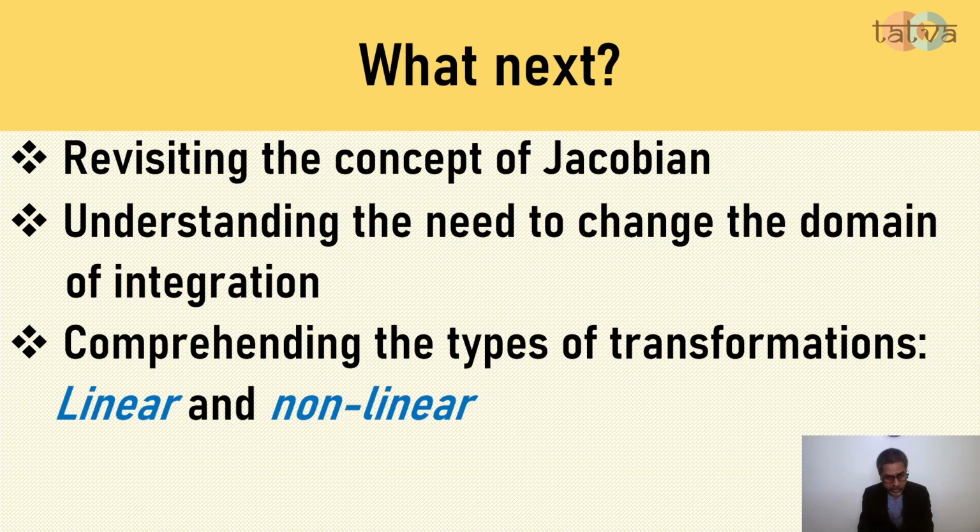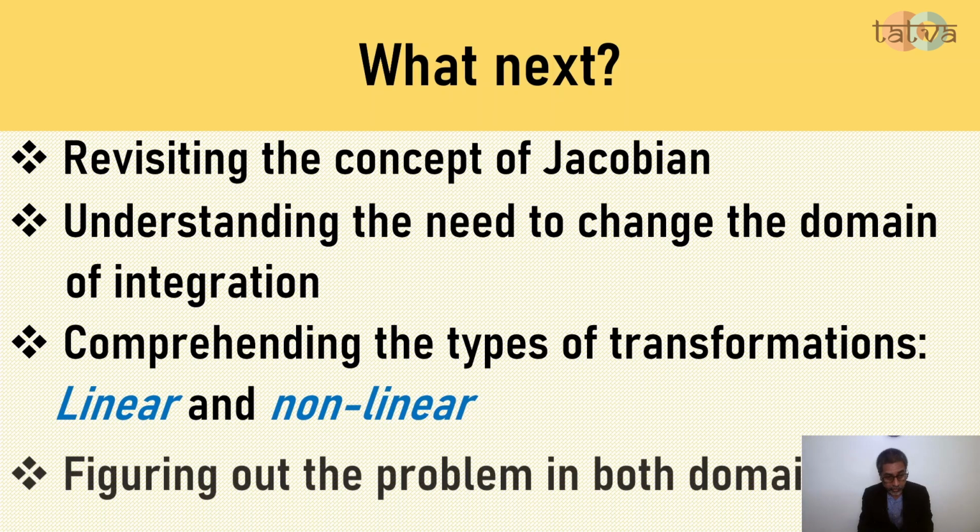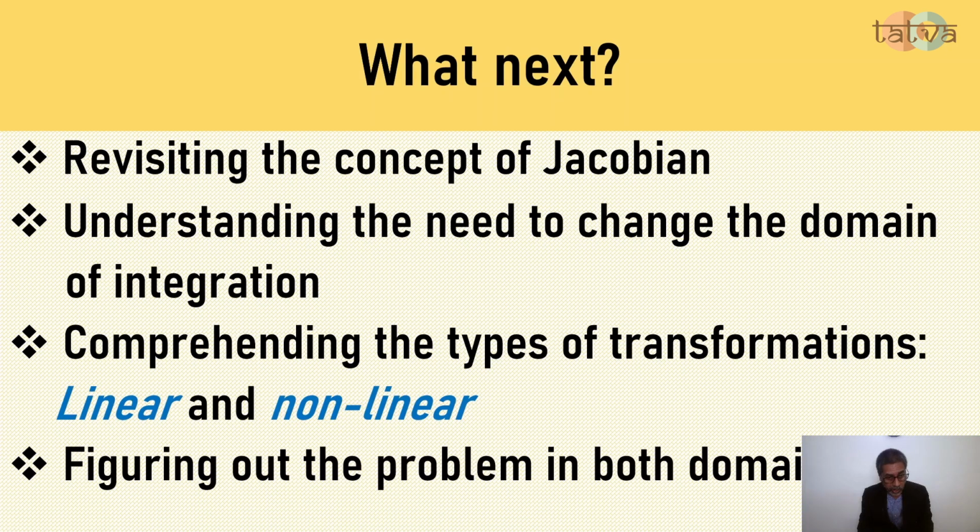Whereas nonlinear transformations will alter the shape of the region, and those are very difficult things to handle. But these are all the things that are going to come up very soon. And how to figure out the problem in the original domain as well as in the transform domain. Which one will be better for a given situation has to be understood.